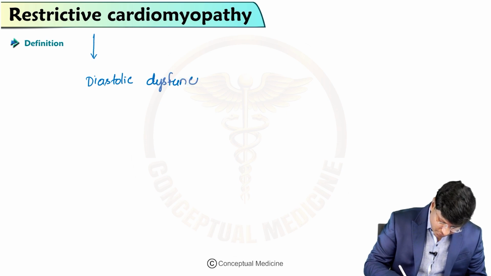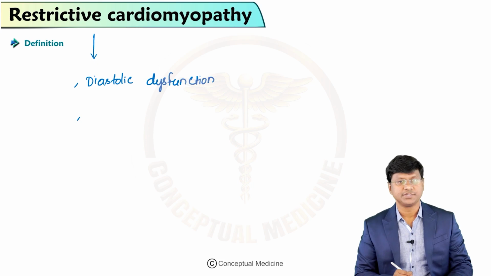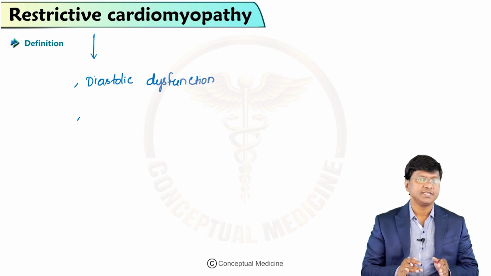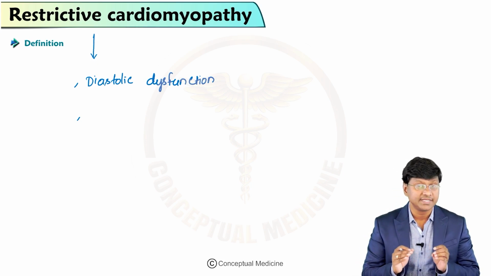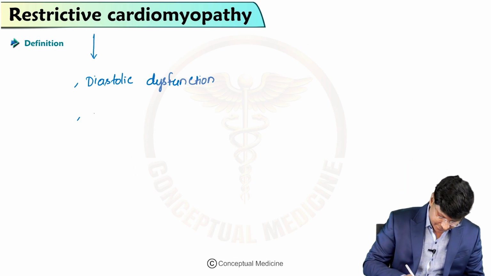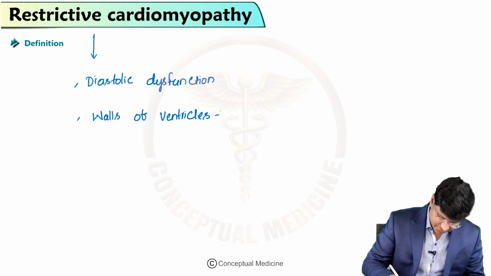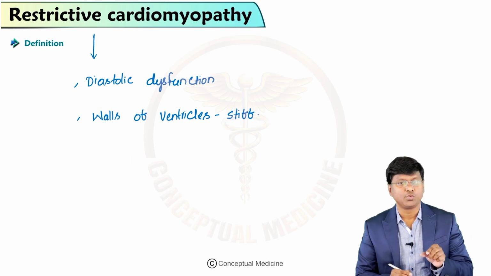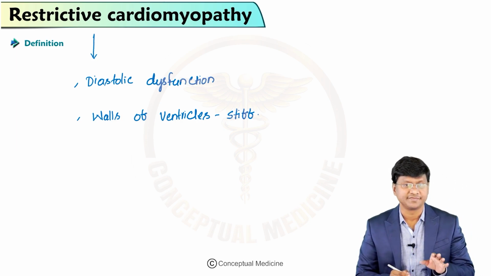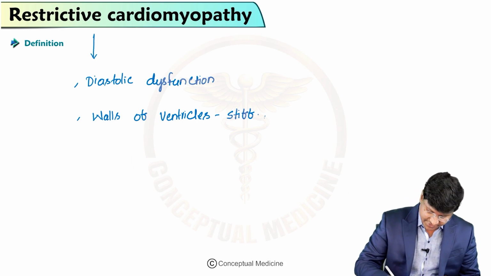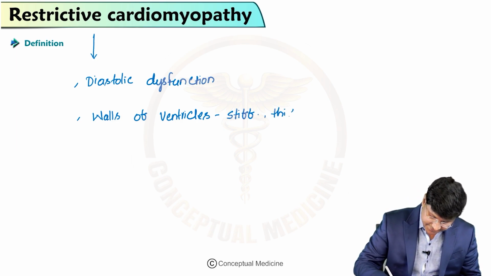So why will there be diastolic dysfunction in these patients with restrictive cardiomyopathy? See, in these individuals, the walls of the ventricles become stiff, and not only stiff, they are also thickened.